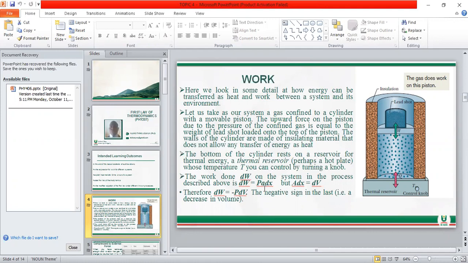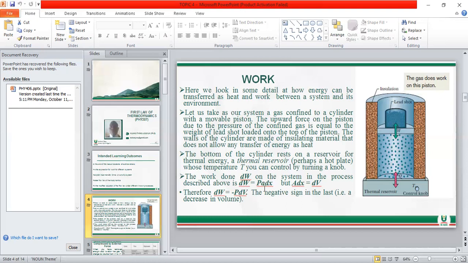So dW, change in work done, equals pressure multiplied by change in volume. But note something there. There's a negative sign there. The negative sign is telling you that there's a decrease in volume due to the application of pressure.